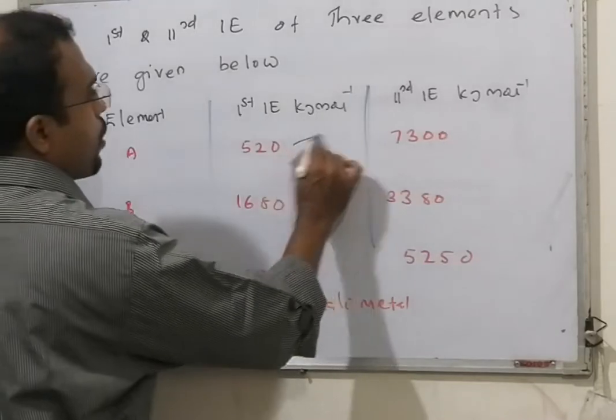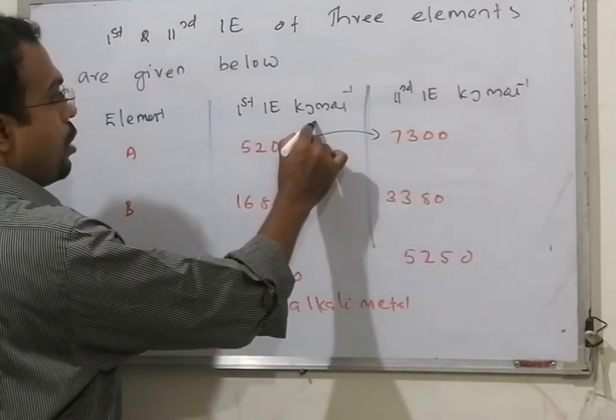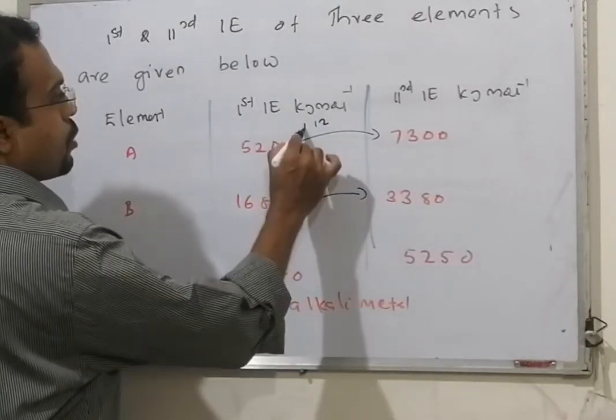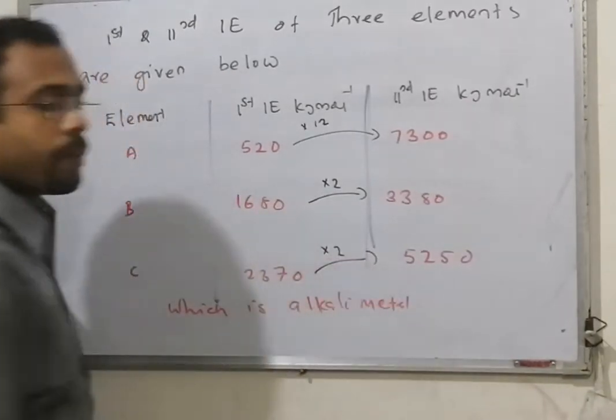You know, when you move from here to here, how many times increase? More than 12 times. When it is just double, 2 times. It is also almost double.